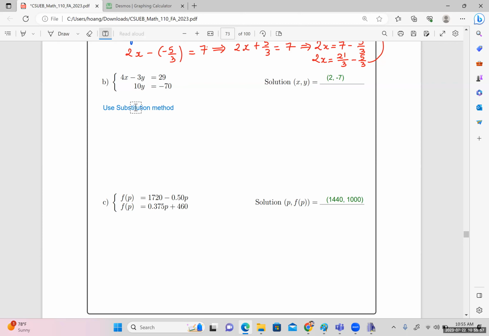So you can go and use substitution methods. For C, I would also use substitution methods, as you see that one of the equations here was being isolated at f(p).